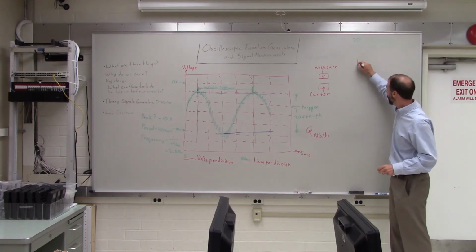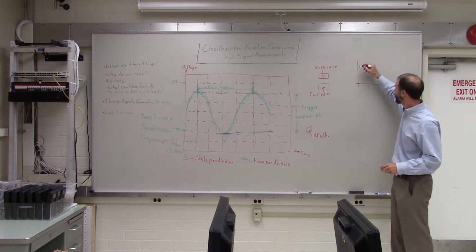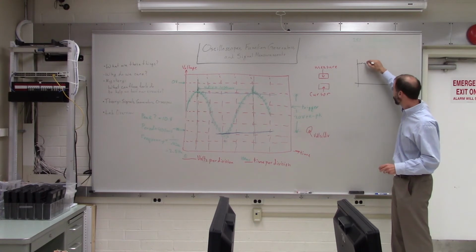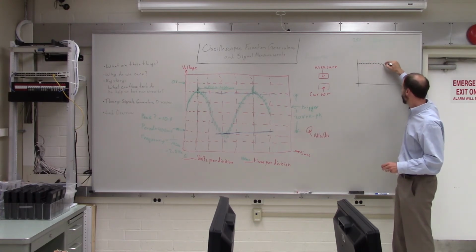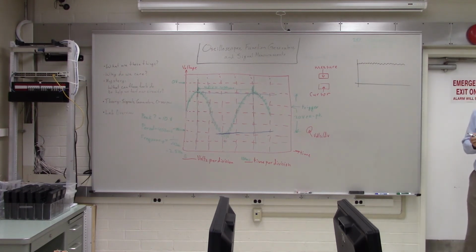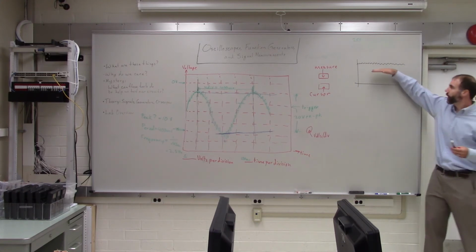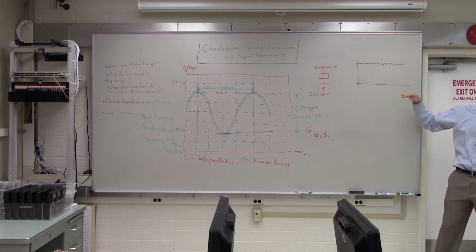So imagine that you have a signal that looks like this. It's got this wiggly part to it, and then it's also got this offset. So it's not centered around 0.